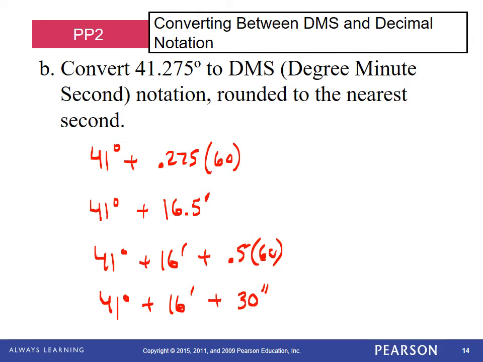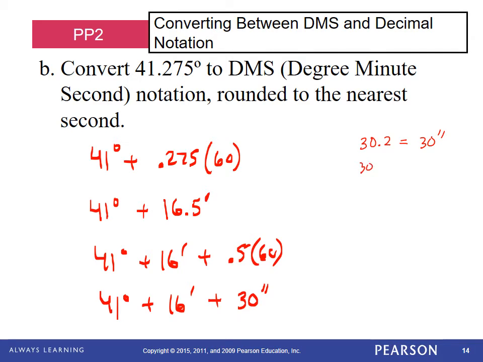Now this one's nice because it actually did round off to the nearest second. If it doesn't, let's say as you multiply the something times 60 it turned out to be maybe 30.2, then we would just keep it as 30 seconds.